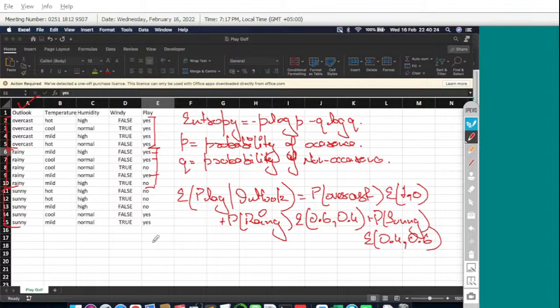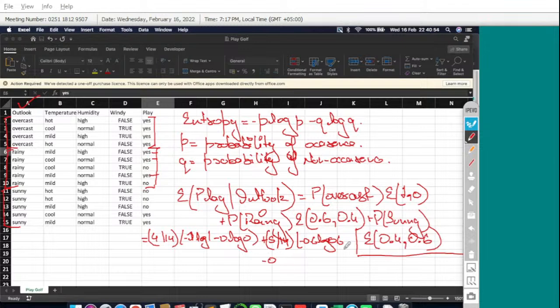We will expand this formula. How will we expand it? So probability of overcast is 4 by 14, into minus 1 log 1 minus 0 log 0, plus 5 by 14 into minus 0.6 log 0.6 minus 0.4 log 0.4, and so on.